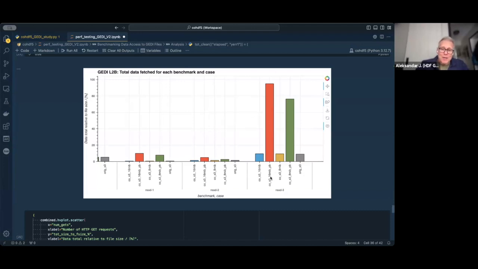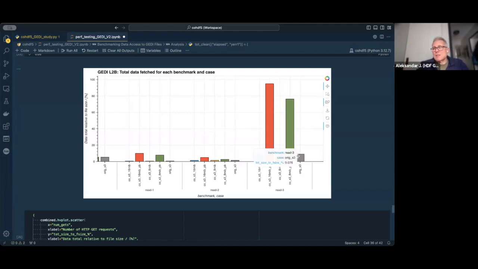Whereas compared to the other one, the same file with only an 8 megabyte file page was 76%. So almost 20% less, just because the file page was now 8 megabytes.